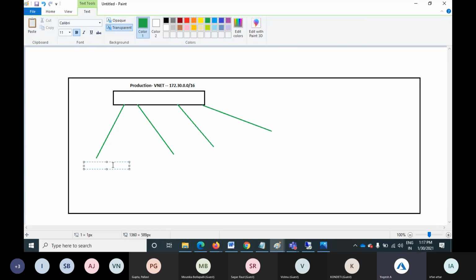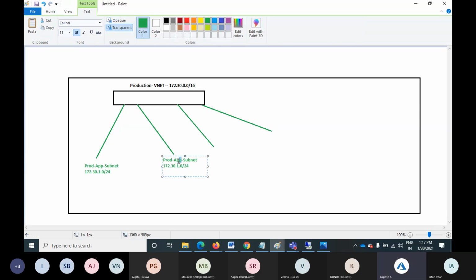So let's take an example. This is your prod app server, app subnet, which is 30.0, right?